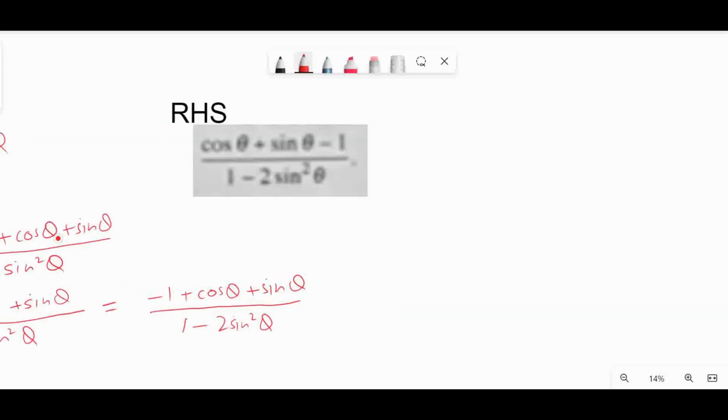Now we know that this was the right hand side, so we can write it as cos theta plus sine theta minus 1, whole divided by 1 minus 2 sine square theta. This was the right hand side, and hence proved.